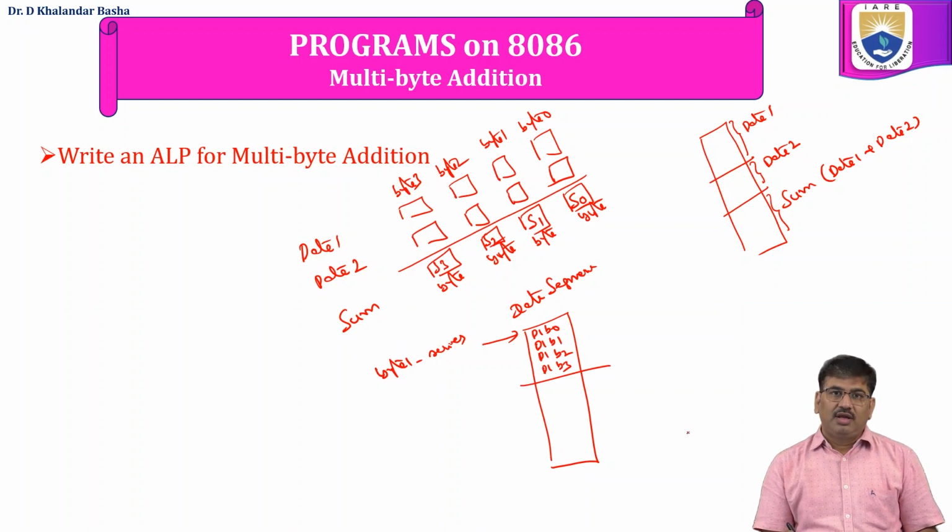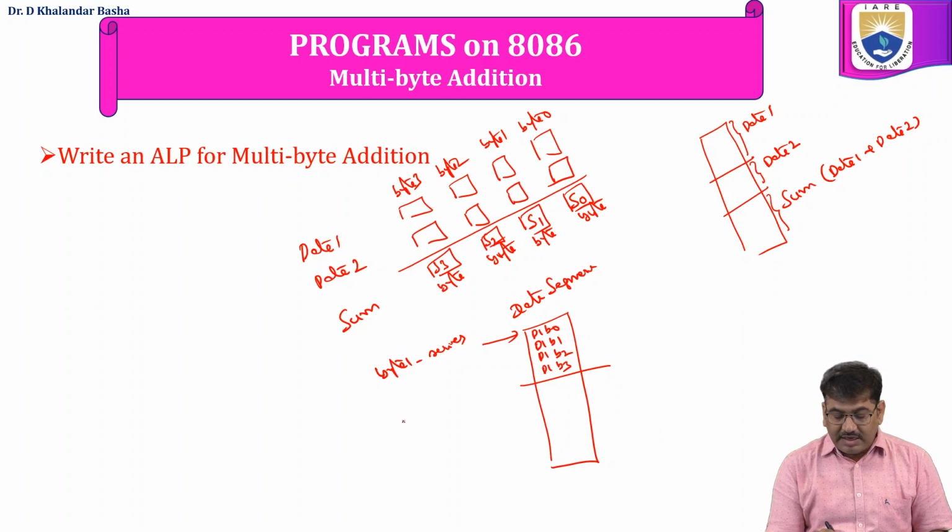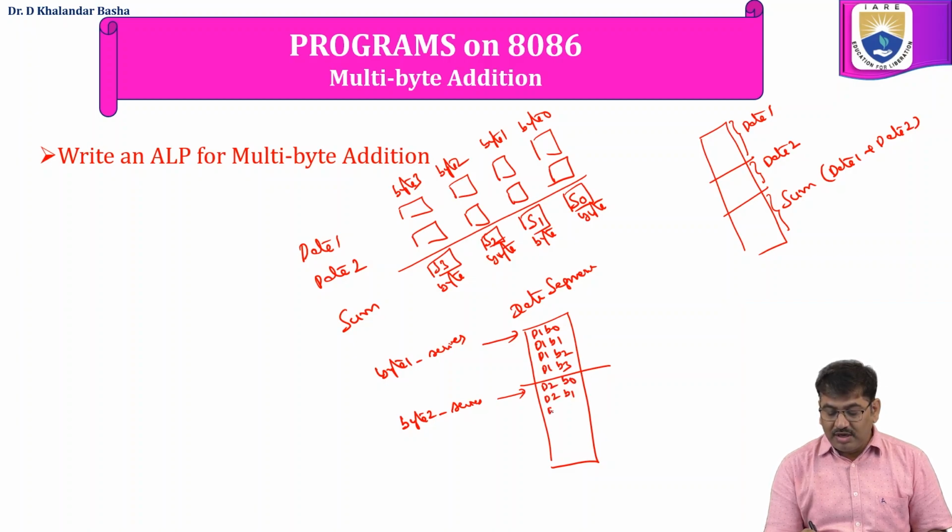These are the 32 bits of data 1. The next data we take as byte 2 series, where the address points to data 2 byte 0, data 2 byte 1, data 2 byte 2, data 2 byte 3.